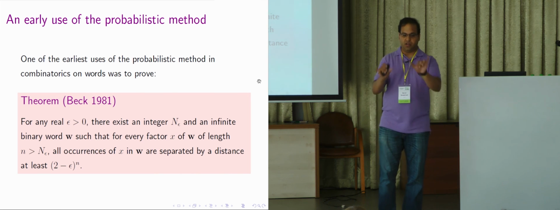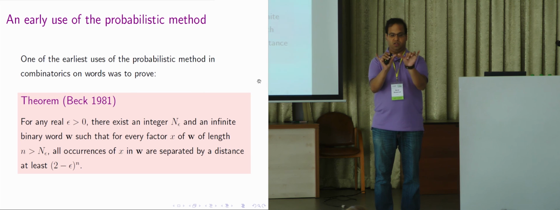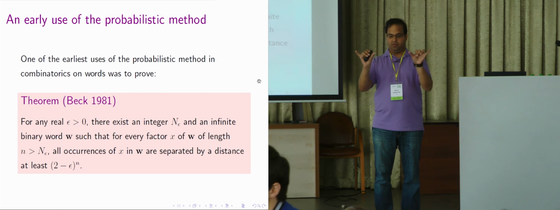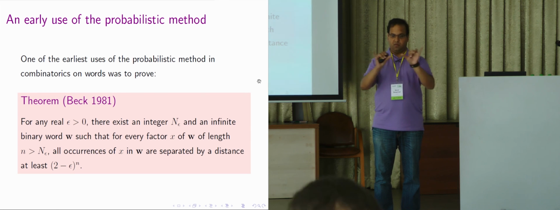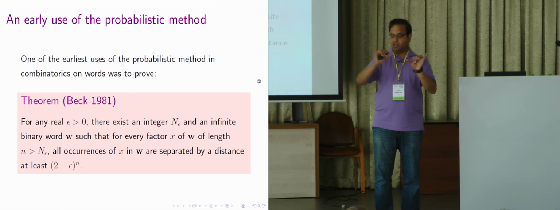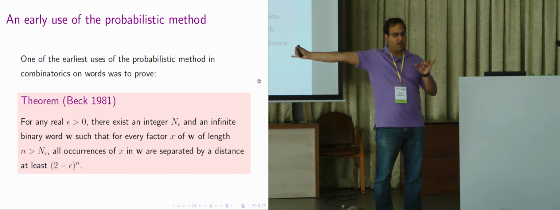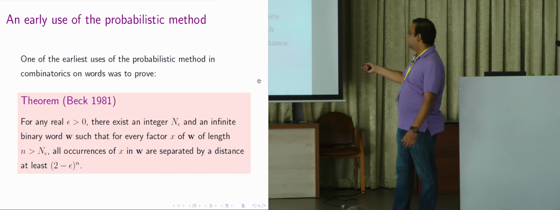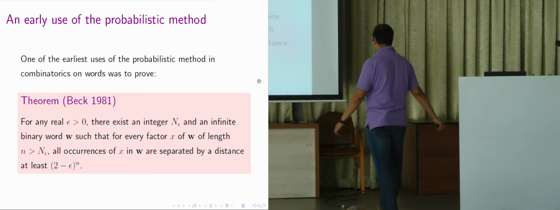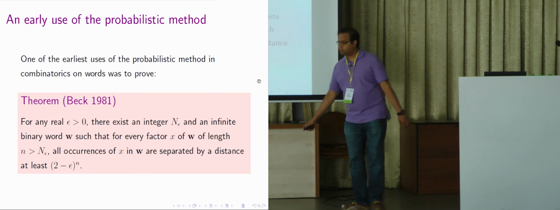So when we were avoiding squares, we were just avoiding repetitions where one thing was right next to the other one. But now we're avoiding all repetitions where the two repeating blocks are some distance away. We're saying that the next repetition must be really very far away, right? So this is a very strong result.